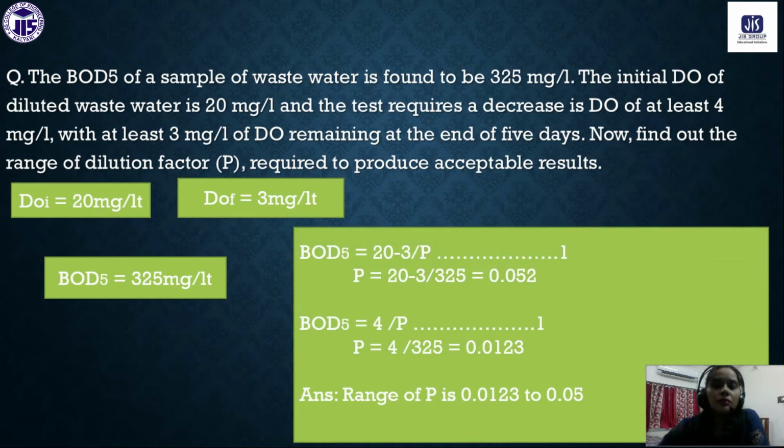So next problem. The BOD5 of a sample of wastewater is found to be 325 milligram per liter.